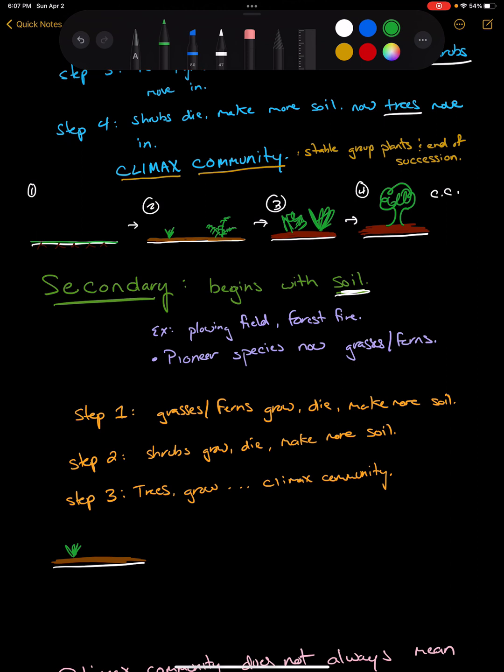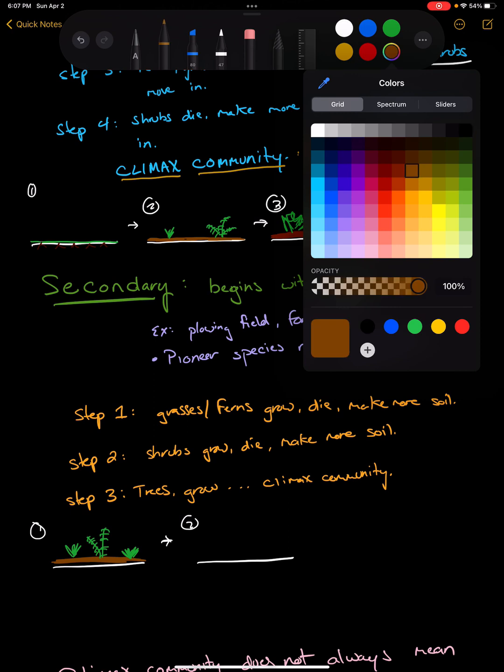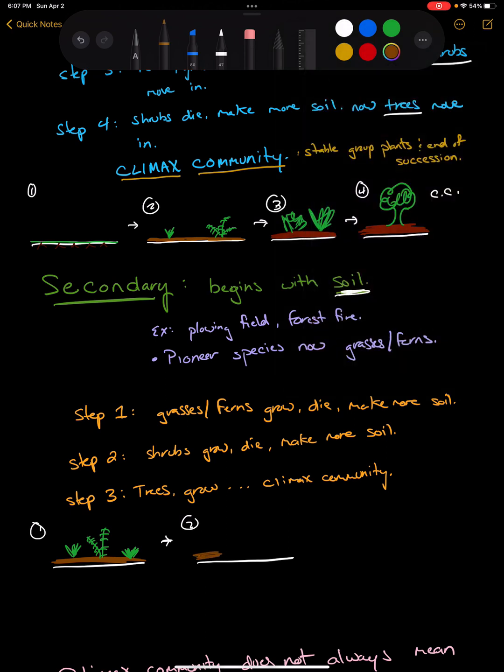We've all seen a field being plowed. And so that just takes it down to the soil level. And so I can have these grasses and these ferns come in, okay? So I've already skipped ahead, this is just a different pioneer species. So when they come in, we already know that those things are going to live and they're going to die. And when they die, that adds to my soil level.